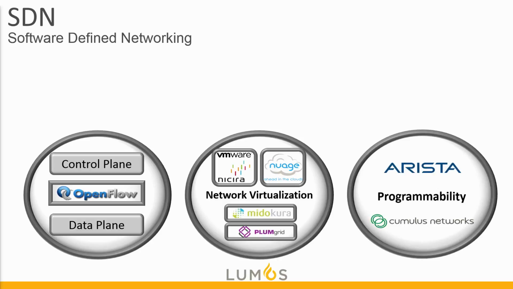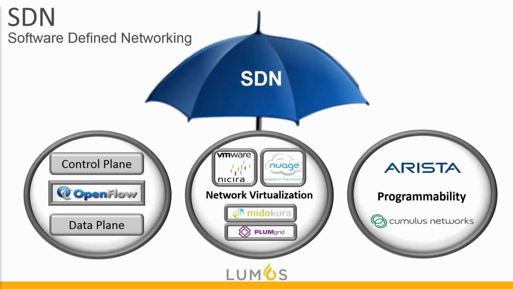And then we have people that call SDN just pure programmability. So Arista or Cumulus have APIs, of course, for their switches. Doesn't necessarily make it SDN, but again, a lot of people would claim that that is SDN. So there's a myriad of different definitions, and they all kind of fall under this umbrella when you ask different people what is SDN.